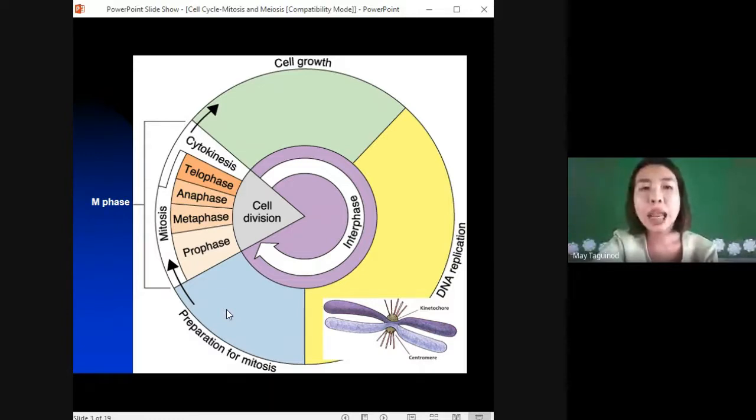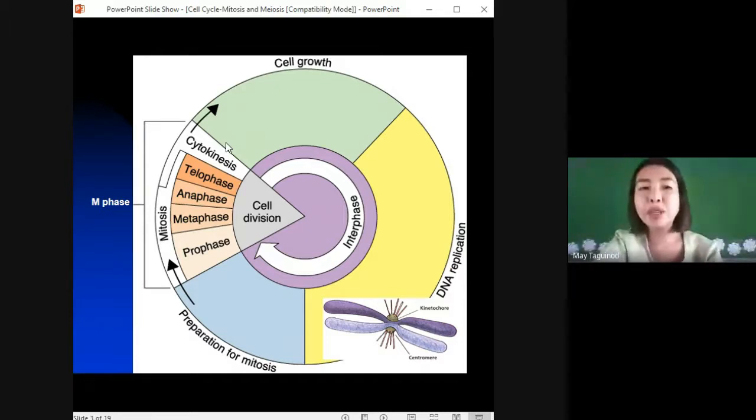The last is the M phase or the mitotic phase. It occurs in a series of steps. Mitosis, or the PMAT steps, is where the nucleus divides, and cytokinesis is where the cytoplasm divides, forming two cells.